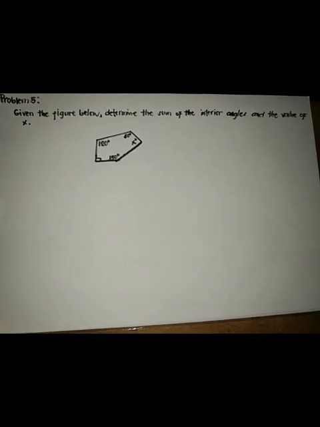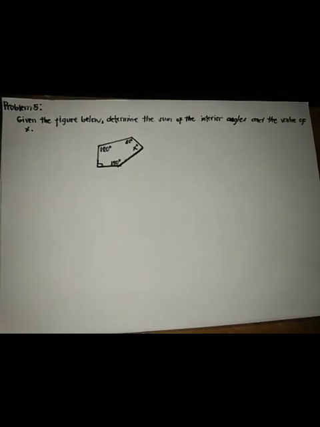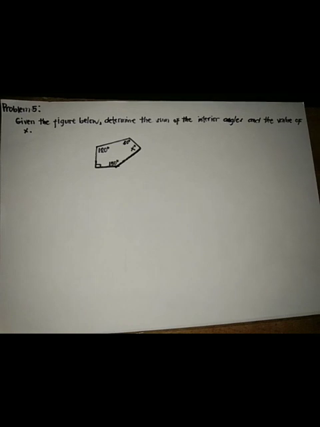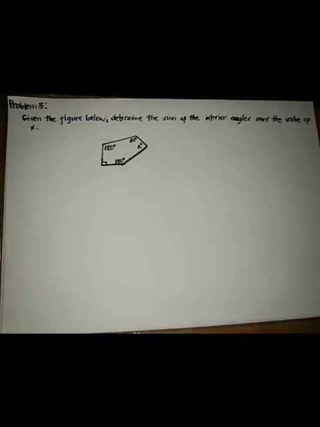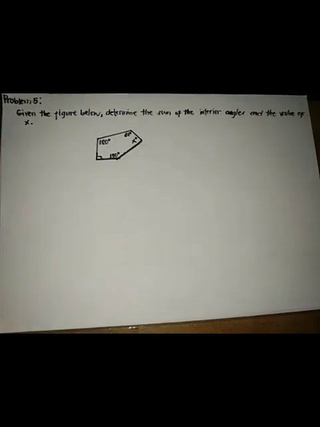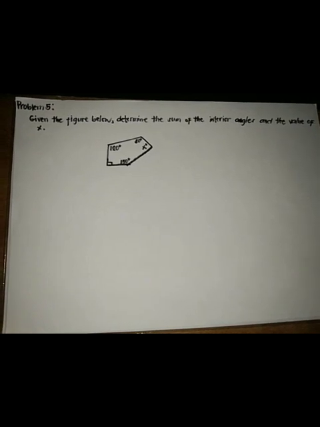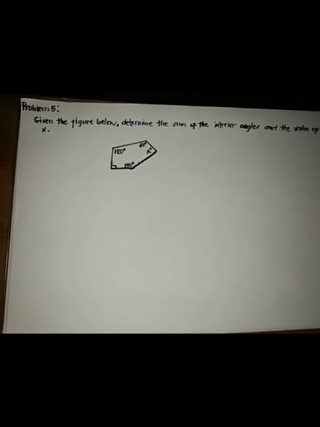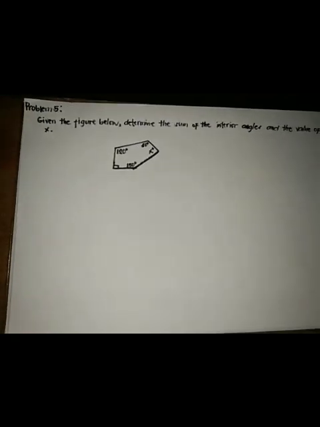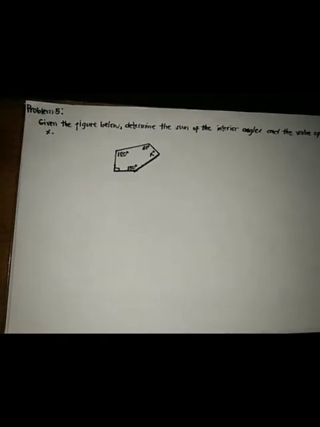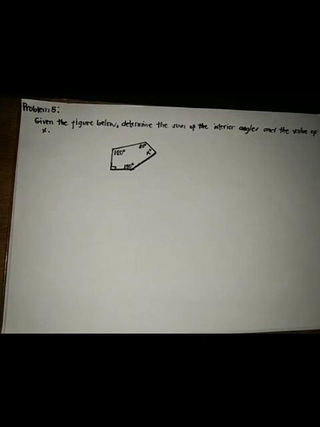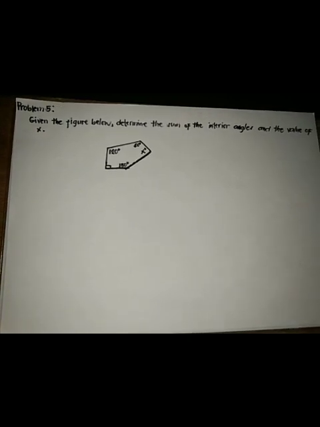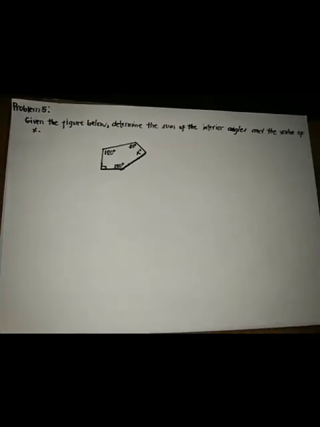The problem is, given the figure below, determine the sum of the interior angles and the value of x. Step 1. In the given problem, our goal is to solve for the sum of the measure of all the interior angles of the given figure as well as the m angle x. Step 2.